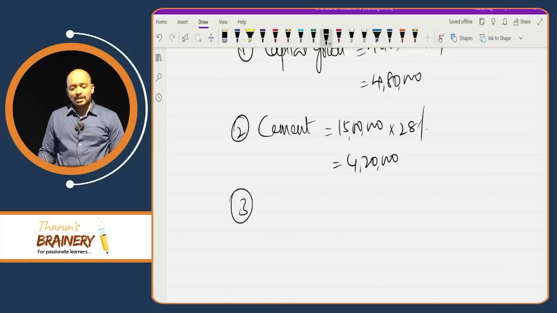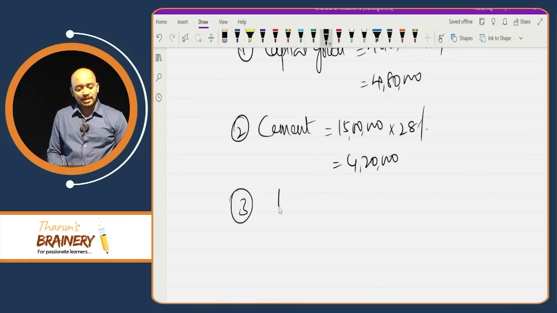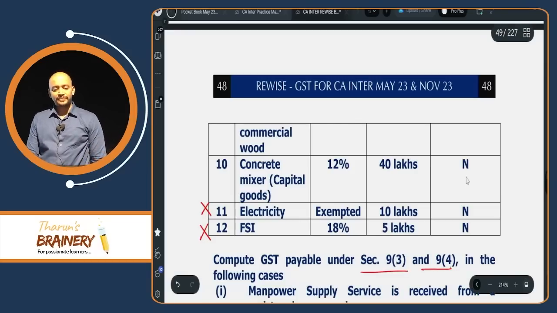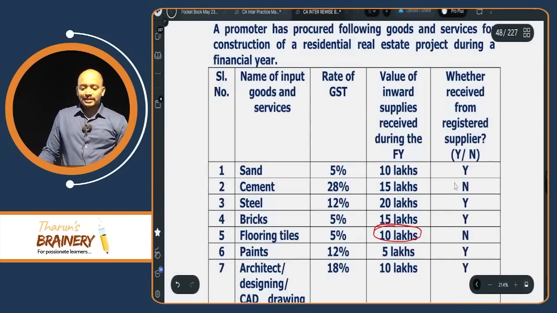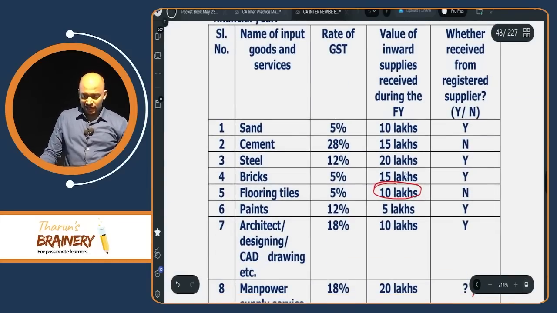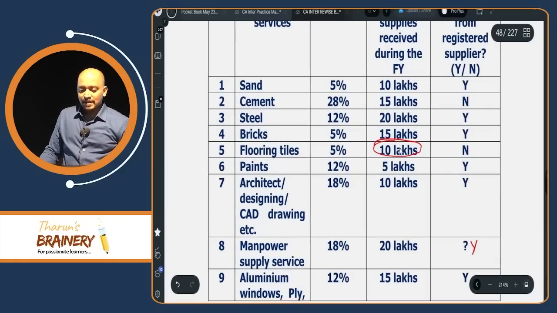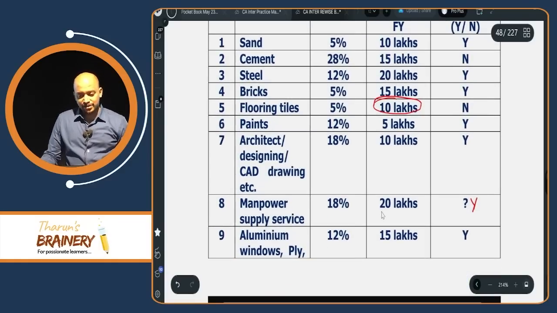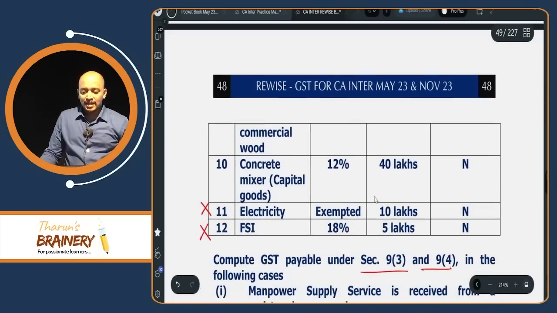So therefore, other inputs and input services from an unregistered person, 10 lakhs, divided by total inputs and input services. Take your calculator. 10 plus 15 plus 20 plus 15 plus 10 plus 5 plus 10 plus 20 plus 15 plus 40. No, don't do plus 40. Why?